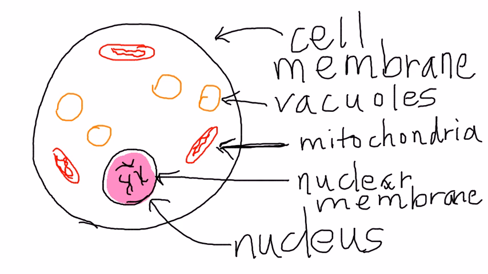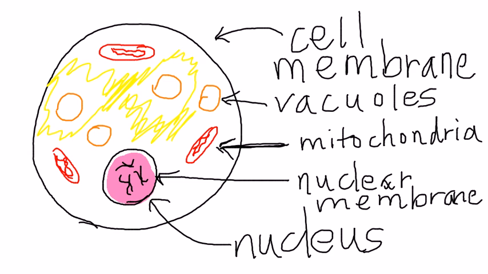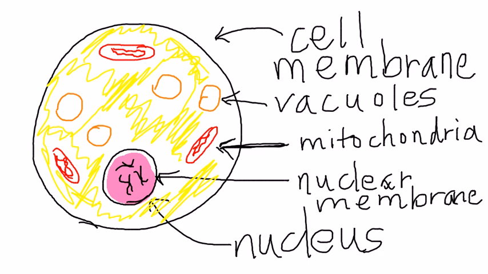Now, one thing I have not labeled yet that I'm going to put in is what is all this space in the back of the cell, this stuff back here. So you have in your cell a gel-like fluid that fills in and holds all of the organelles in place, and it's very interesting stuff.